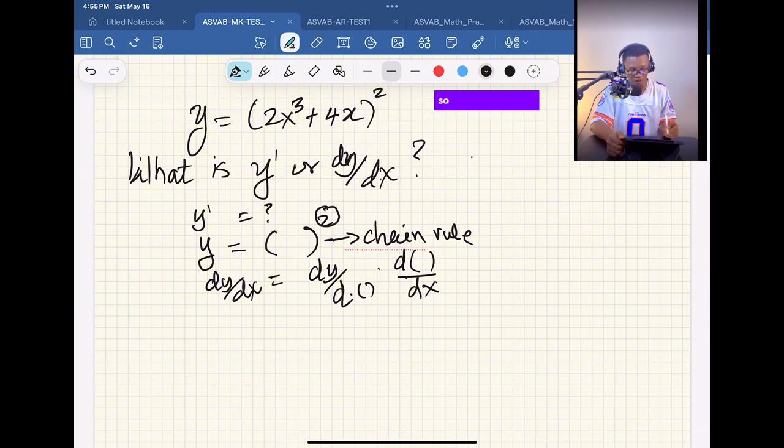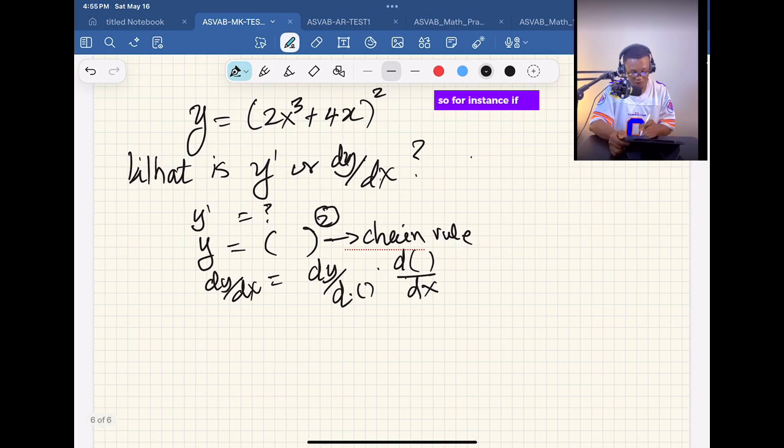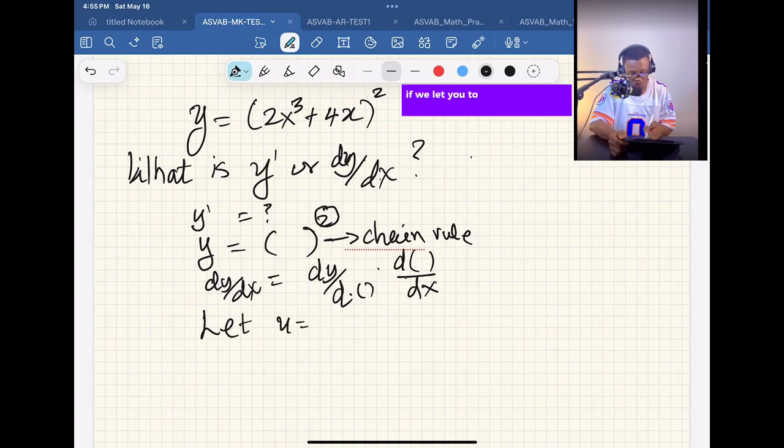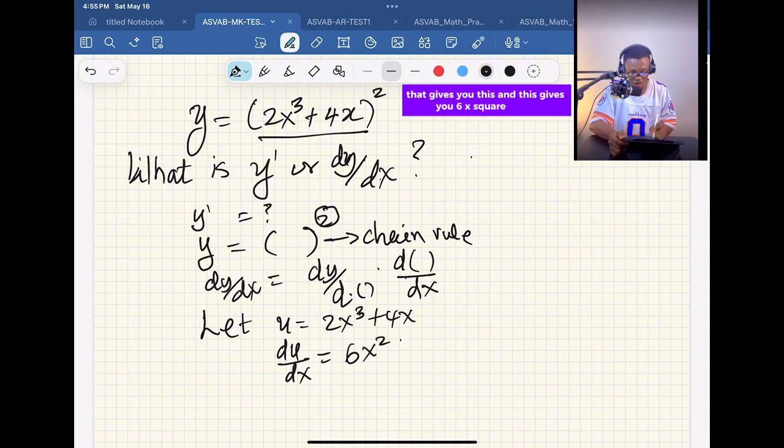So for instance, if we let u be this, which is 2x cubed plus 4x, now we differentiate du over dx. That gives you 6x squared plus 4.